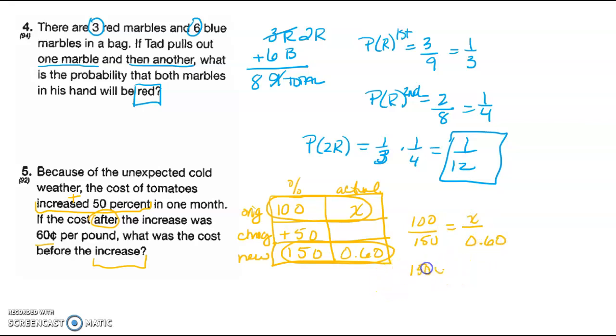Cross multiply, 150x is equal to 100 times 0.60. That's going to be 60. Divide by 150. I get 40 cents.